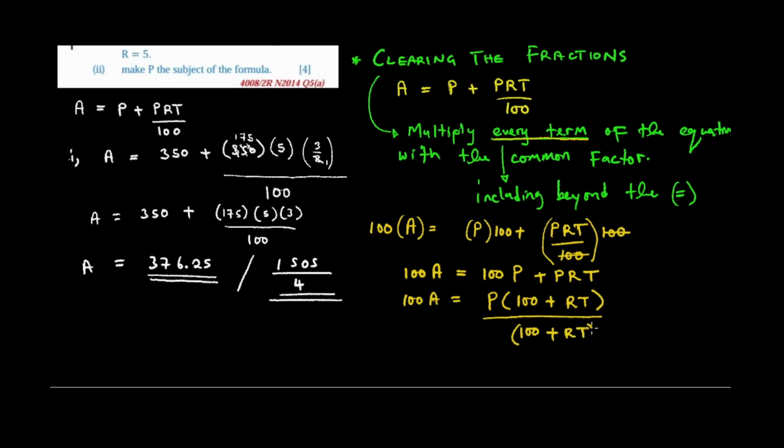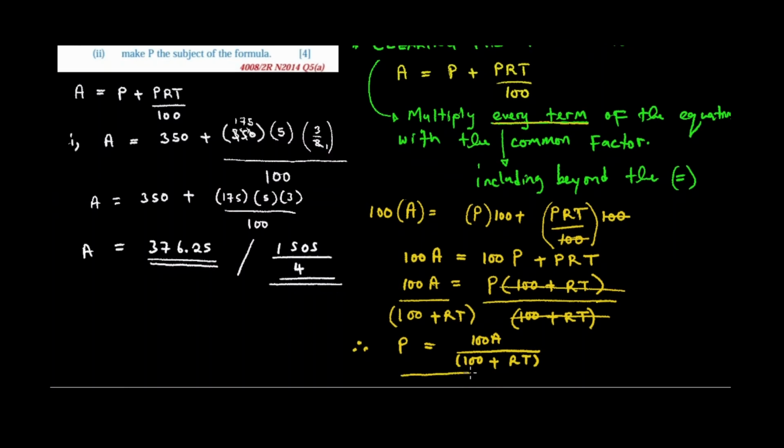Remember, it is in brackets, so we divide by 100 plus RT. Therefore our answer is P is equal to 100A over 100 plus RT. In your working you are allowed to write the brackets, but in your final answer you can drop the brackets.